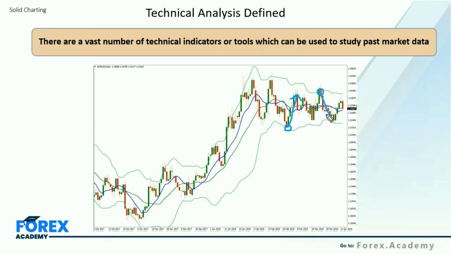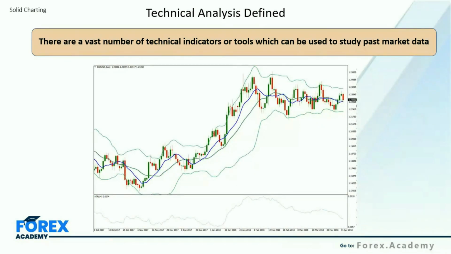Again, you would need to understand completely how to utilize this particular indicator to its fullest. But we just want to ever so briefly discuss all of these different types of technical indicators that allow technical analysts to study past market data.